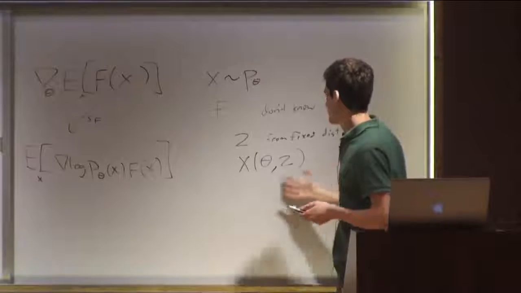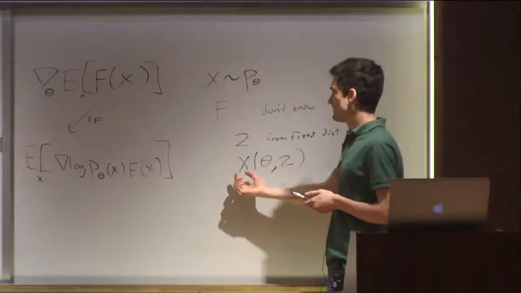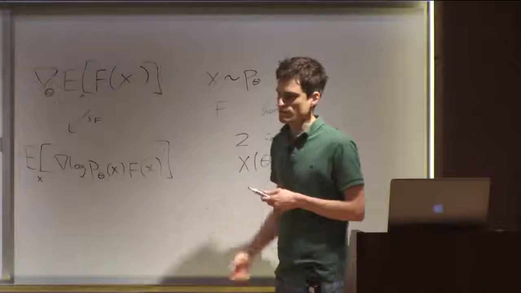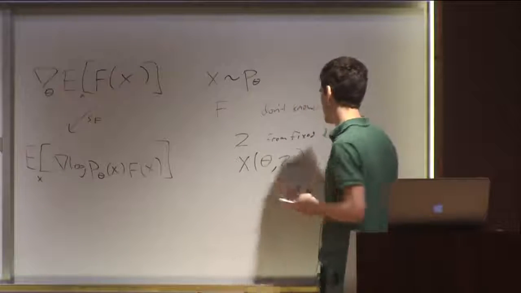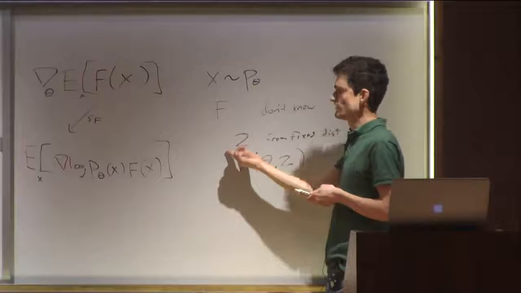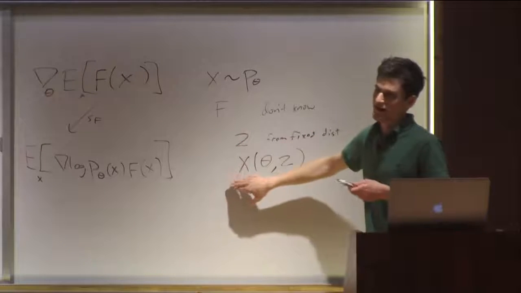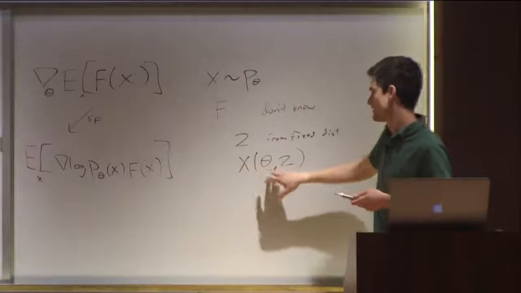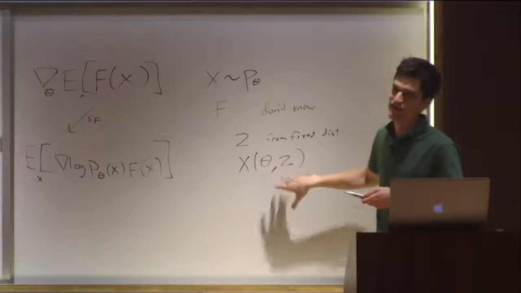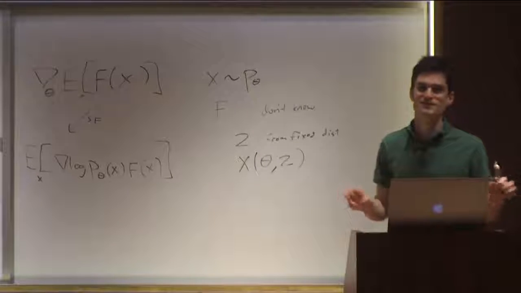Instead of just thinking of x as a sample from a probability distribution, we can sample from some fixed distribution z, which does not depend on theta, and then transform it. Then x is just defined as a deterministic function of our parameter theta and our z, which is like our random seed.